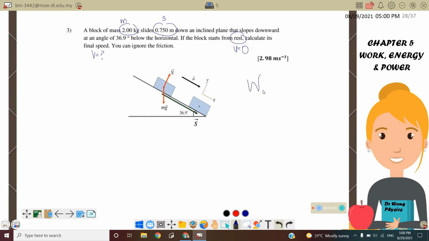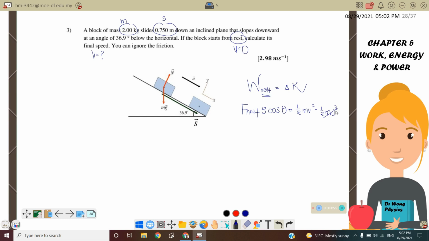It's easier if we use the work energy theorem, where W net equals the change of kinetic energy. So here again, when you write W net work, you must take net force. F net times the displacement cos theta is equal to half mv squared minus half mu squared.